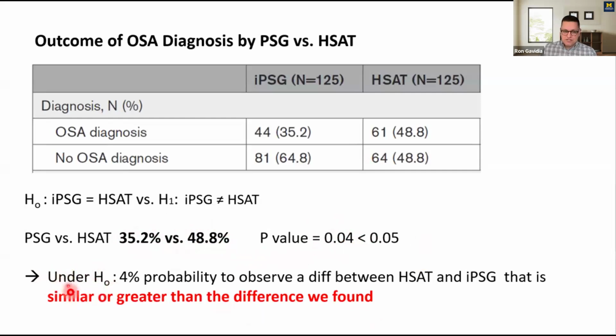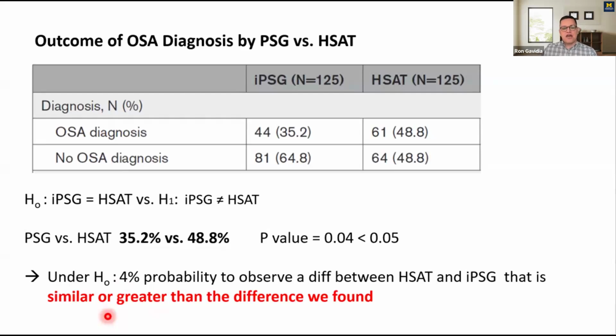Assuming that the null hypothesis is true, there is a 4% probability of observing a difference between the home sleep apnea test and the PSG that is similar to or greater than the difference we found. What does that mean? It means that it would be extremely rare, 4% or lower, to identify that difference. So that means it is statistically significant.